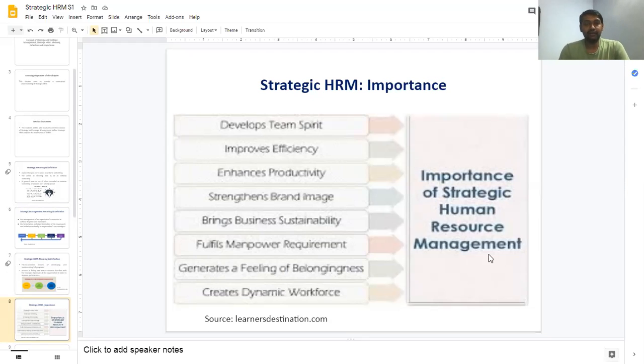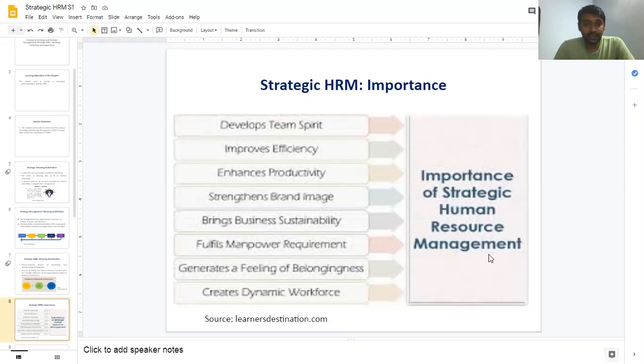If we are planning human resources in a proper manner, no doubt we will achieve productivity in the organization. Next one, it strengthens the brand image, because since the productivity and efficiency of an organization are improving, no doubt the brand of a particular company will also increase. So this is also one of the important advantages of strategic HRM.